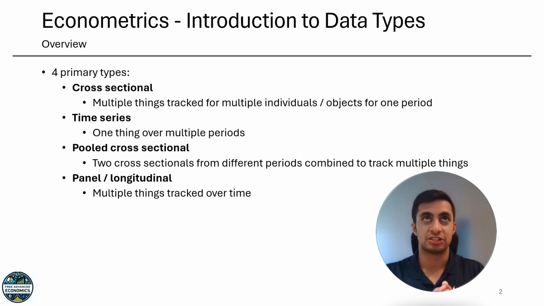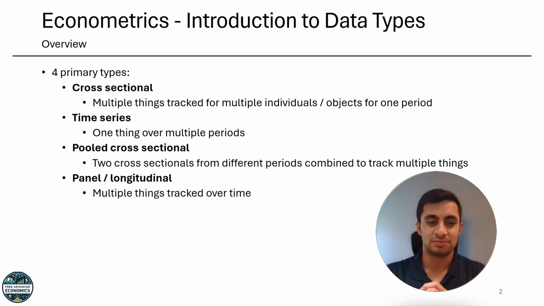Starting with cross-sectional. Over here, you're tracking multiple metrics for a single time period. Time series, the opposite. You're tracking one metric or more as well at times, however, for multiple time periods.